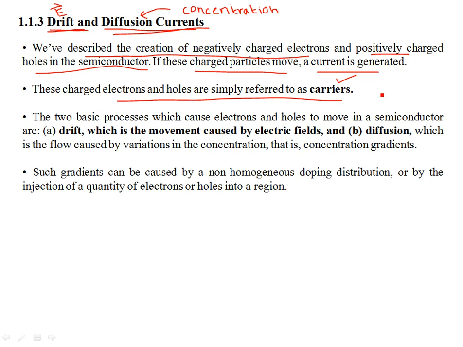For example, if it is an N-type material, you are doping your semiconductor with group 5 elements, you have an excess of negatively charged particles, electrons in this case, so you have electrons as the majority carriers.